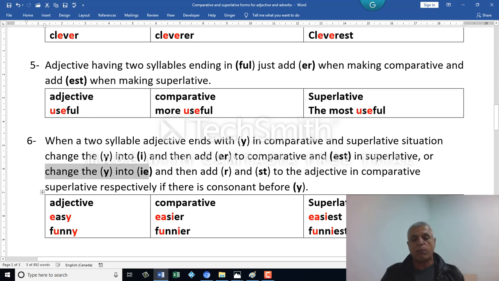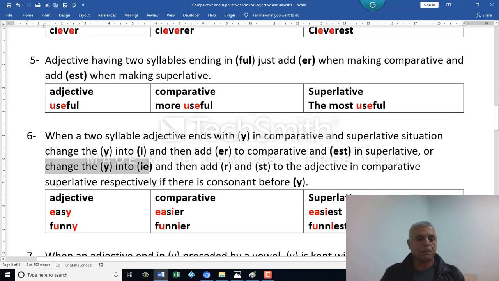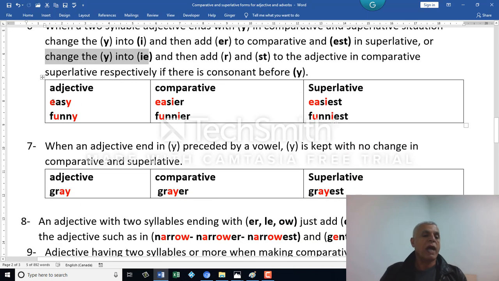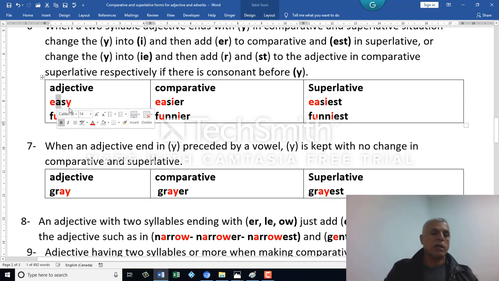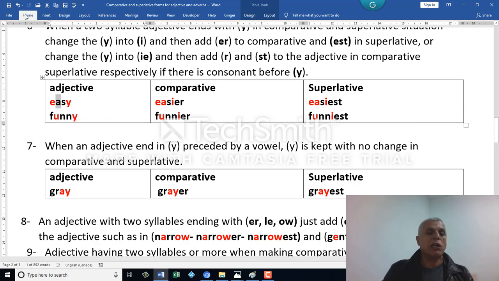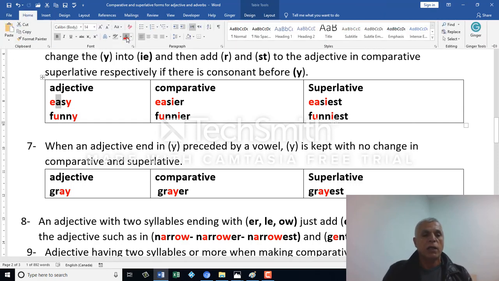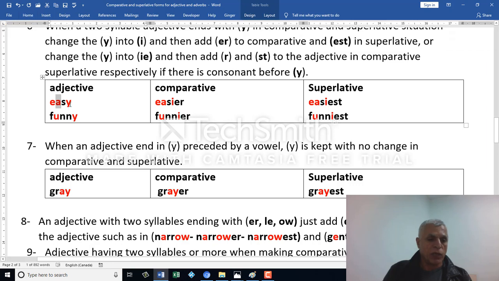Let's look at this example. For example, look here, we have easy. Then if we look at it, we have y. Before y we have a consonant, which is s. That's the reason we have two options.